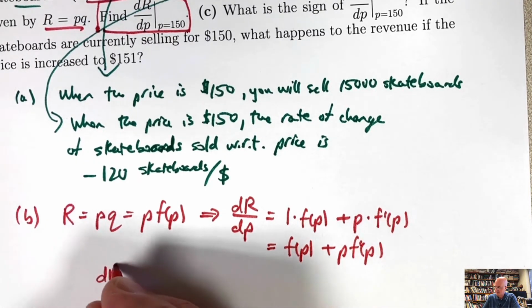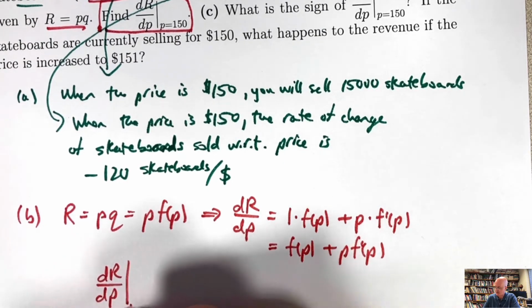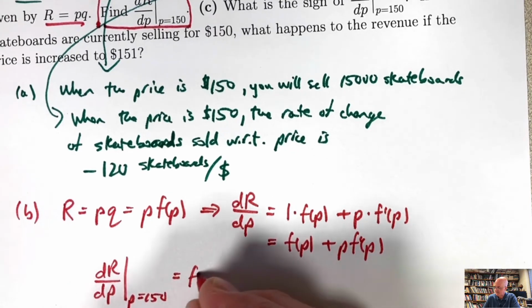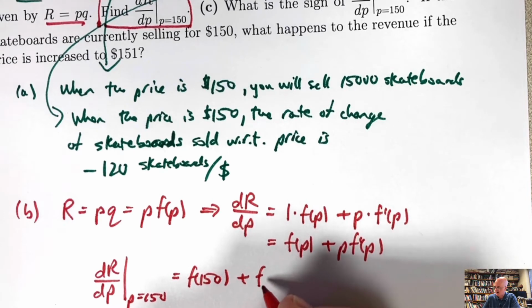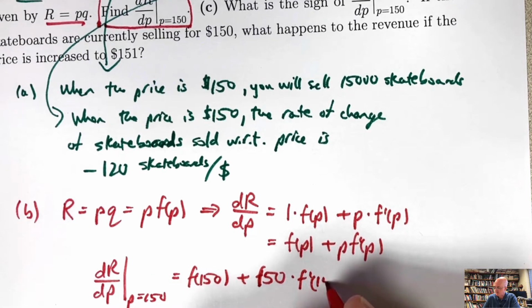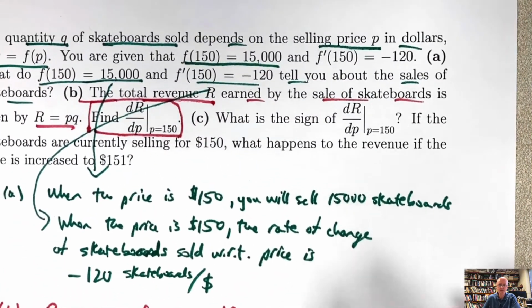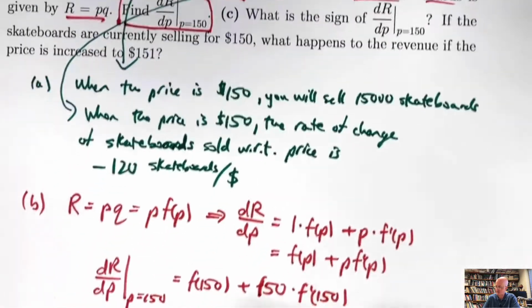Now plug in the numbers. We're evaluating dR/dP at P equals 150. We get f of 150 plus 150 times f prime of 150. Plugging the given numbers in, f of 150 is 15,000, f prime of 150 is negative 120.